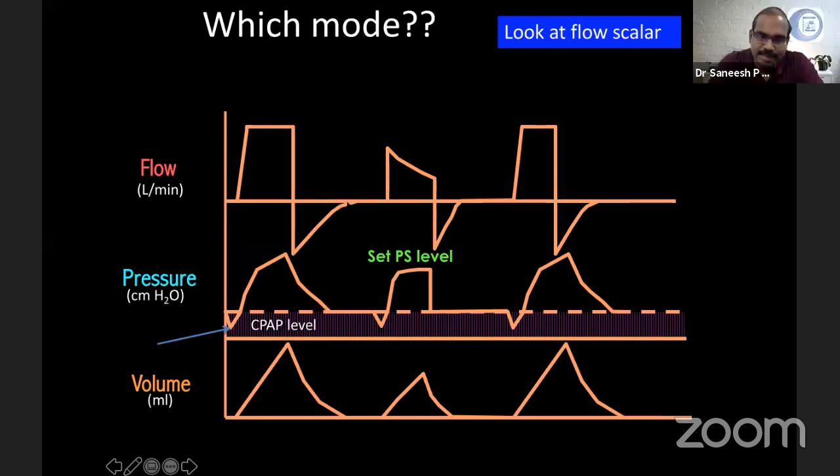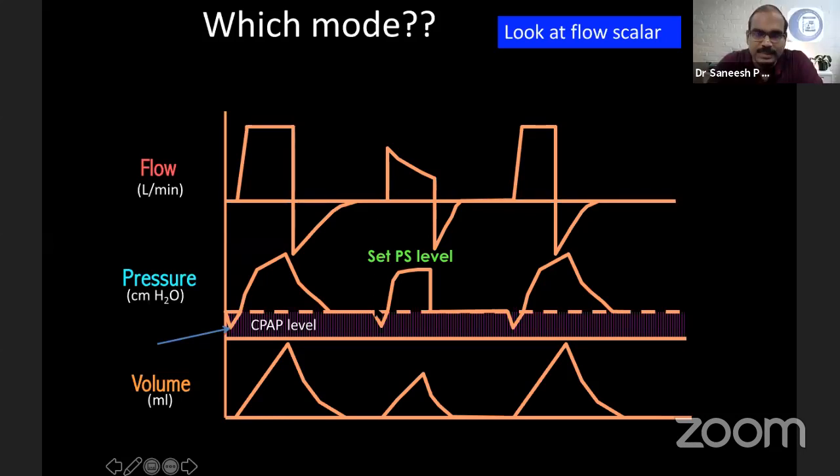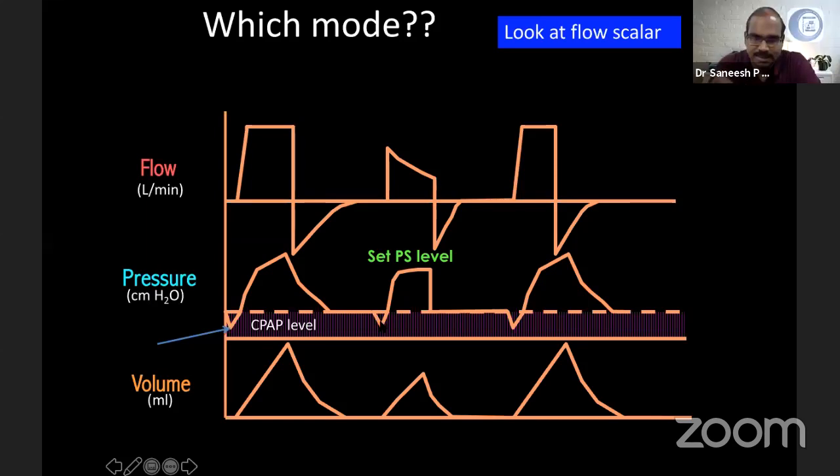In the exhalation we find the peak expiratory flow rate. We don't know if it's high or low, but then it goes back to the baseline. Now coming to the second breath, who has started the second breath? The patient has triggered it. Okay, the triggering is by the patient.